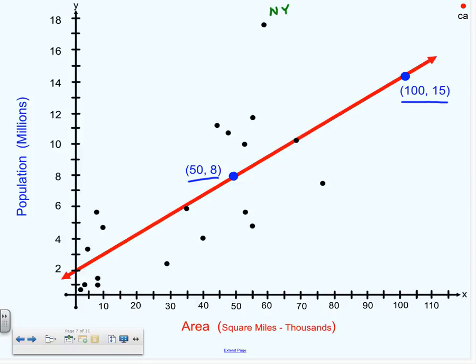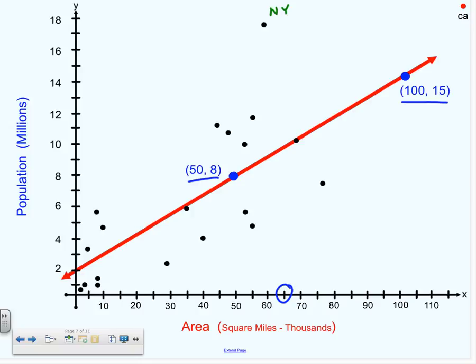And then once you've done that, I want you to come up with an equation that matches this line. And then, using that equation, I want you to predict how many people would be in a state that has an area of 65,000 square miles.